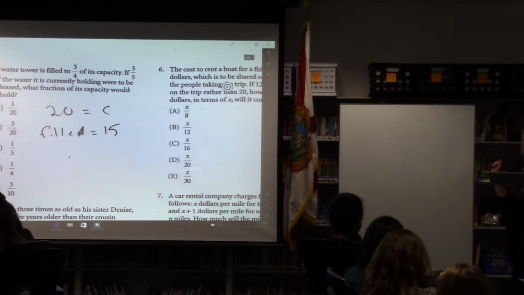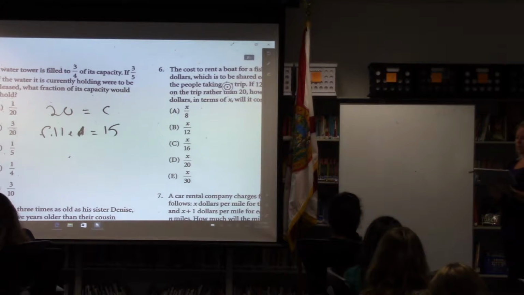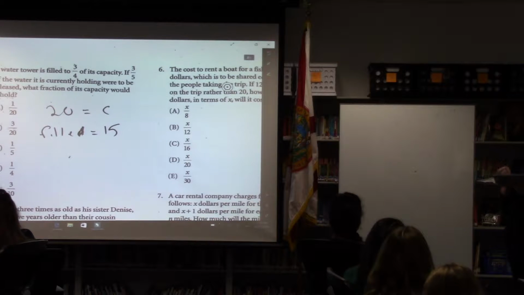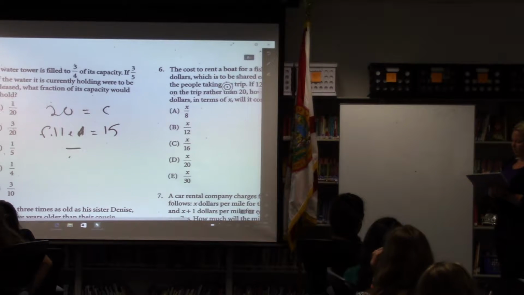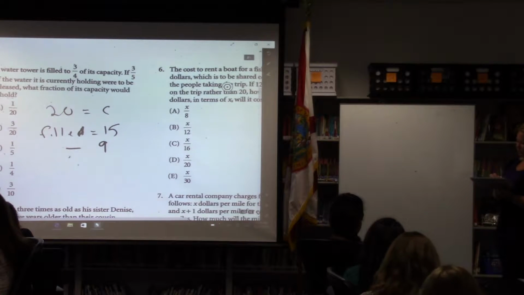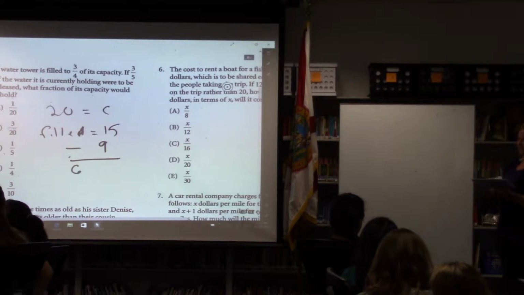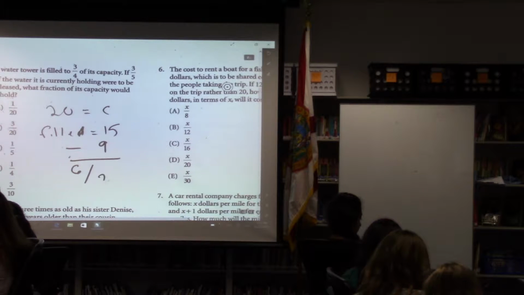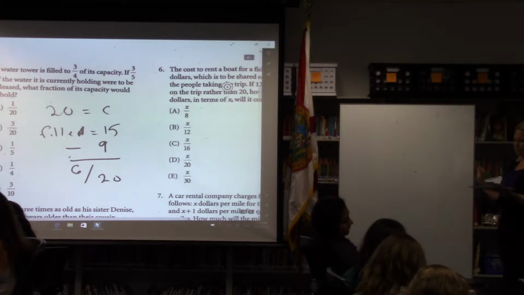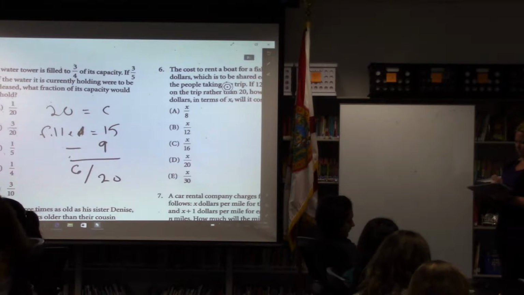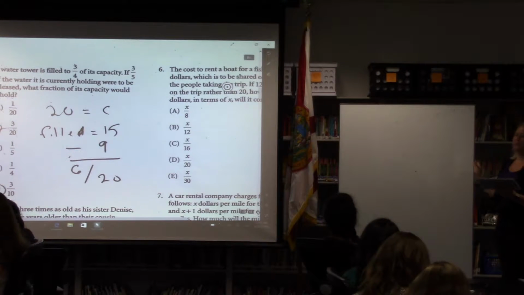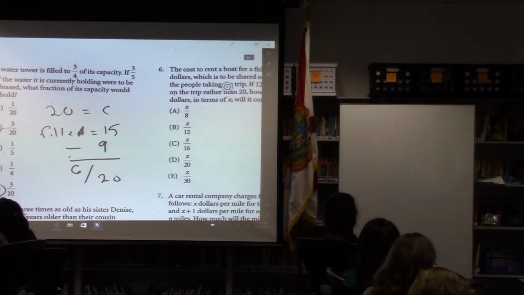So how much is it currently holding? 15. So 3/5 of that is going to be released. So what's 3/5 of 15? 9. So we're going to lose 9 of that. How much is left? 6. So what fraction of its capacity would it hold? 6 out of the 20 we originally had, which reduces to? 3/10. Good man.